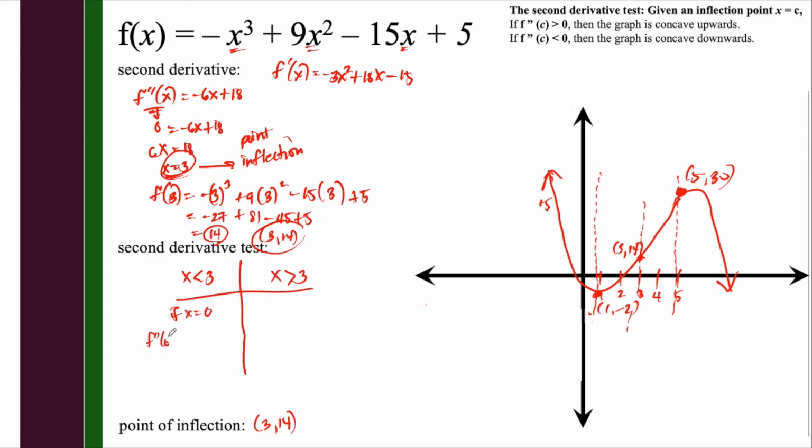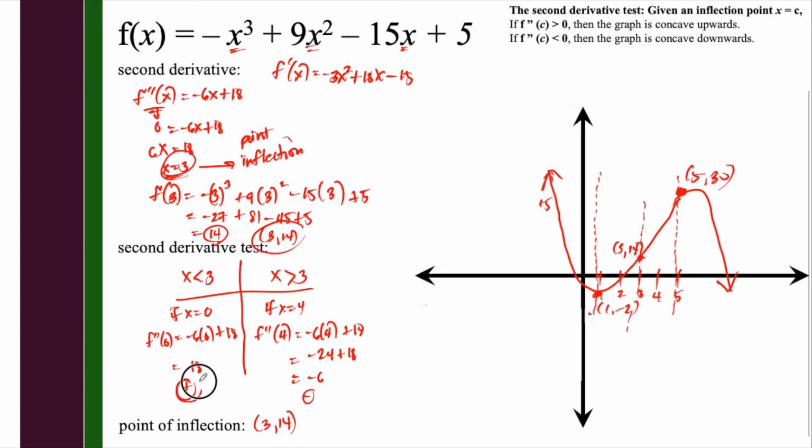So substituting 0 on the second derivative will give us a positive value. And for x greater than 3, let's say 4. So the second derivative is negative 6 times 4 plus 18. So that's negative 24 plus 18, so that's negative 6, which is negative.